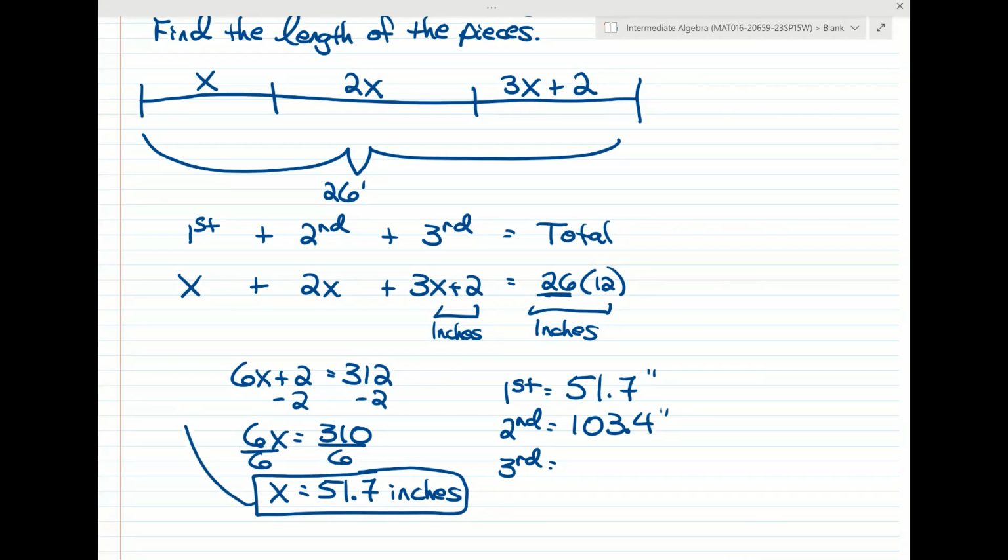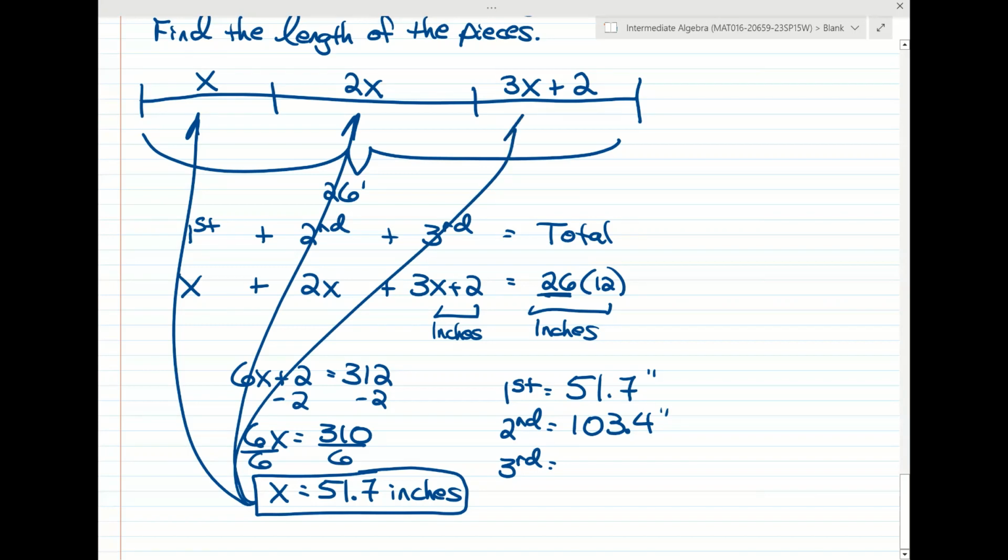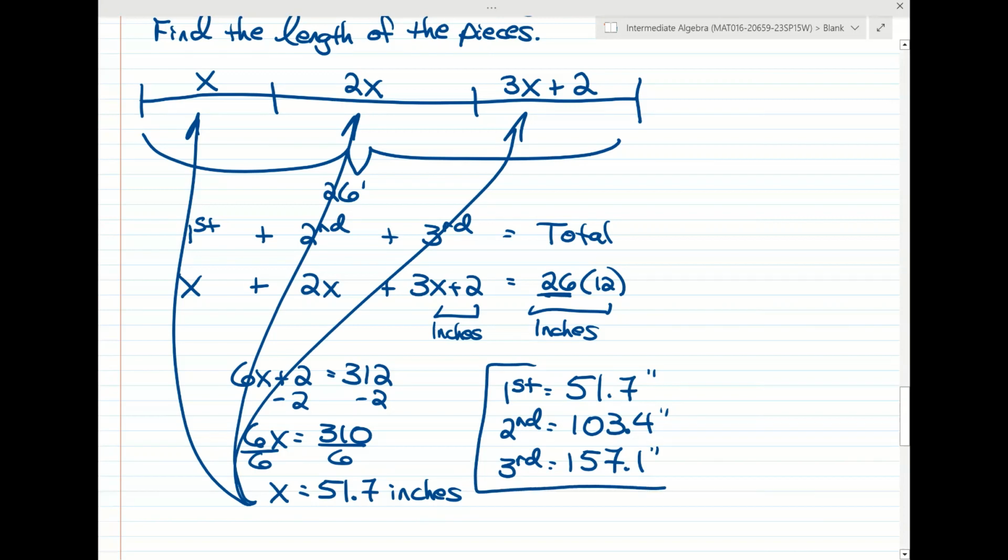Again, we're just plugging X back in. And the third piece would be 3 times 51.7 plus 2. And that's 157.1 inches. That would be the answer to the question.